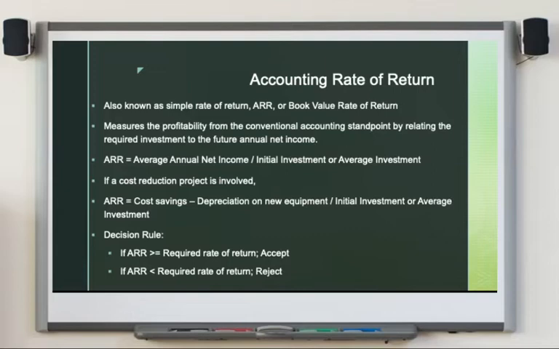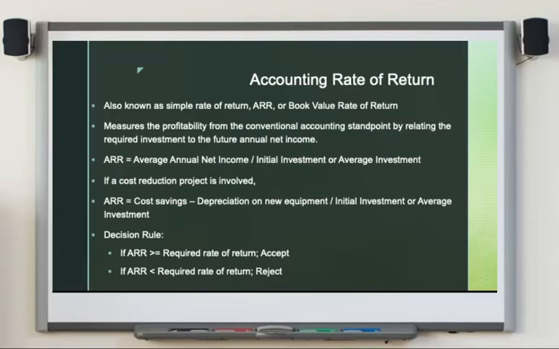Okay, if a cost reduction project is involved, we have a different way of computing the accounting rate of return, and that is cost savings minus the depreciation on new equipment over the initial investment or the average investment.